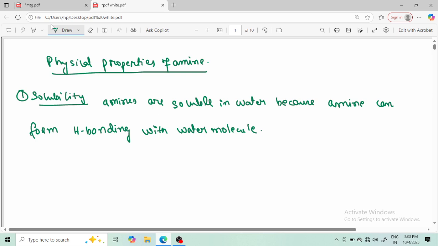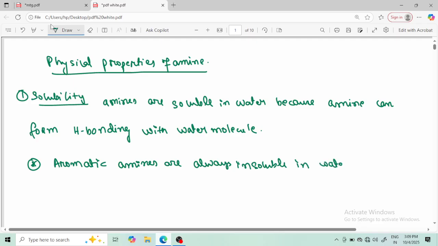So few points. Aromatic amines are always insoluble in water, okay. Now if I am talking about aromatic amines, so what is an aromatic amine?